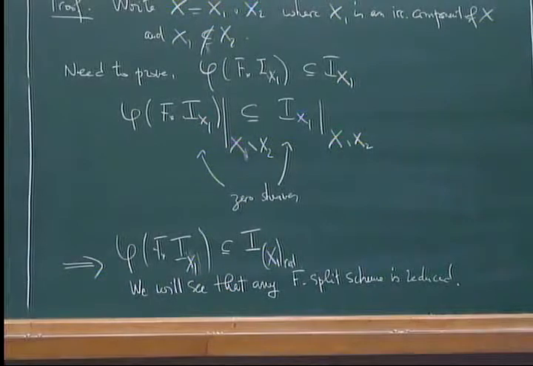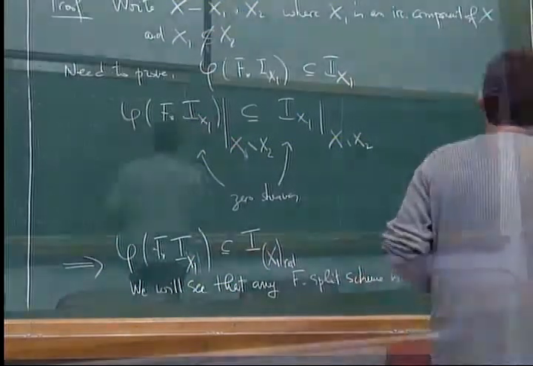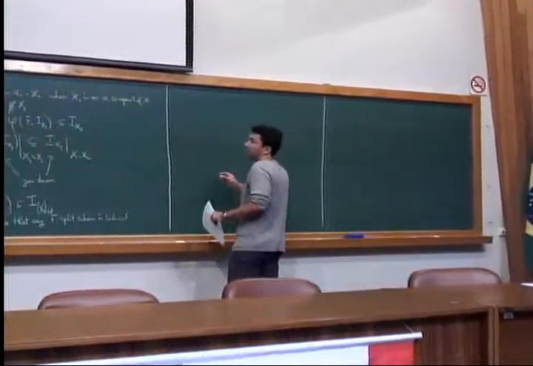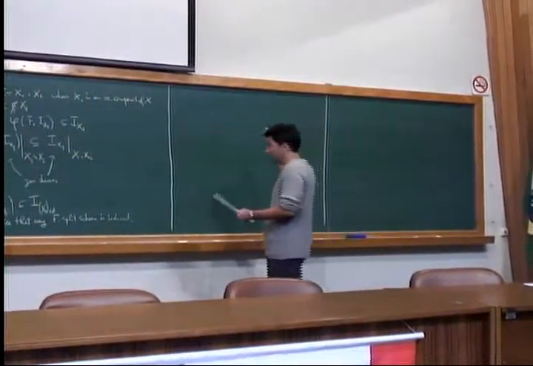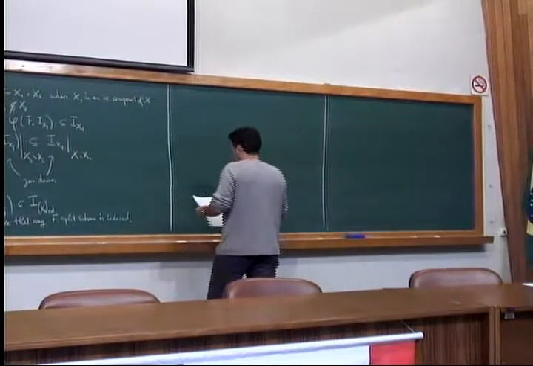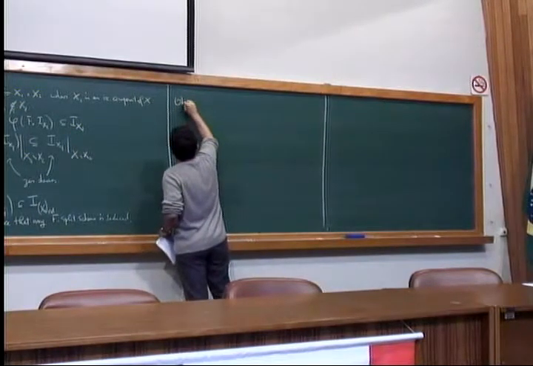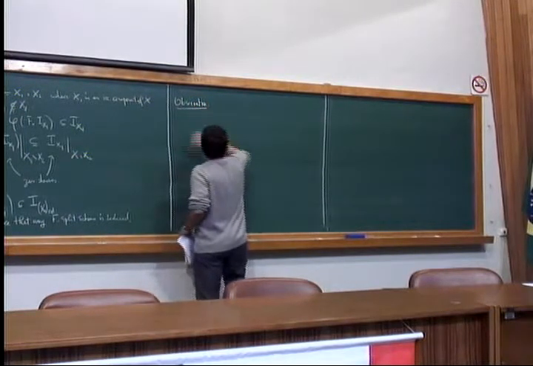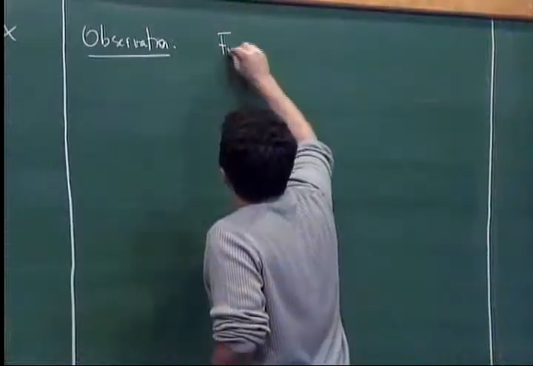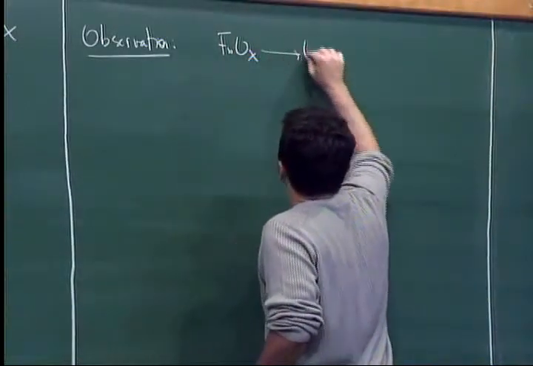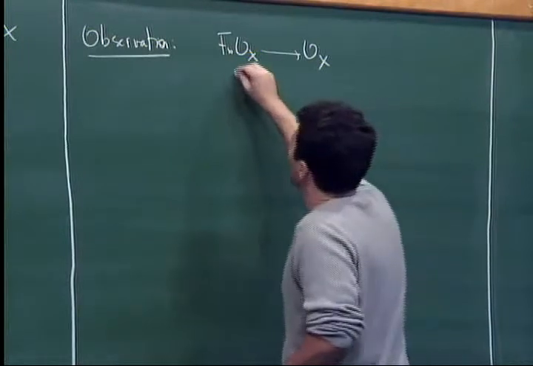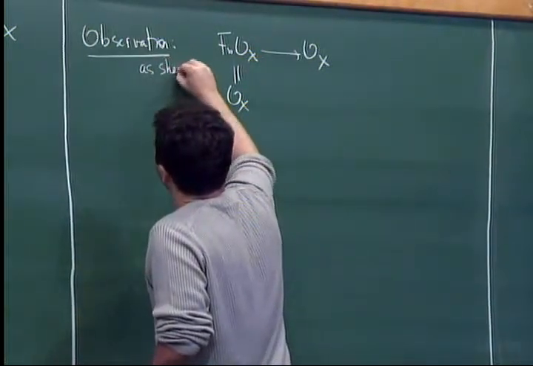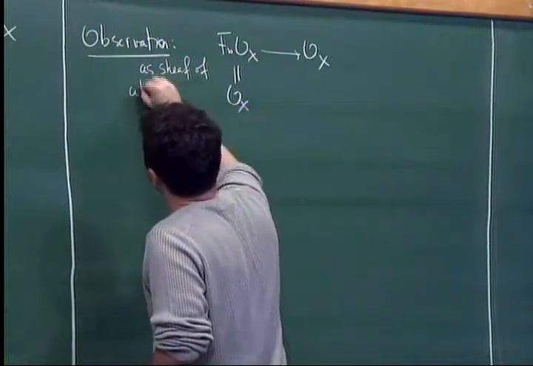So now I'm going to look at an example in a very particular situation, a very simple case, the case of the affine space. So first, just observe, we want to understand what the splitting is. Remember that this one is nothing but OX as a sheaf of abelian groups.